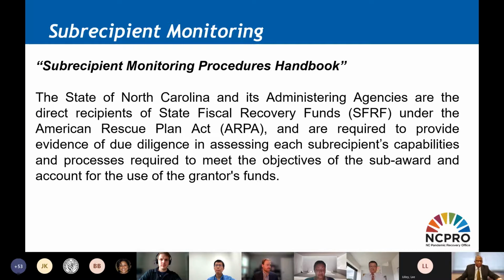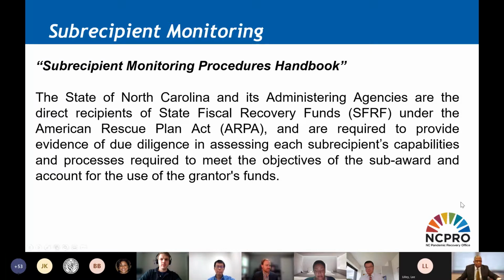State of North Carolina and its administering agencies are direct recipients of State Fiscal Recovery Funds under the American Rescue Plan Act, and we are required to provide evidence of due diligence in assessing each subrecipient's capabilities, both capabilities and processes that are required to meet the objectives of the subaward and to account for the use of the funds.